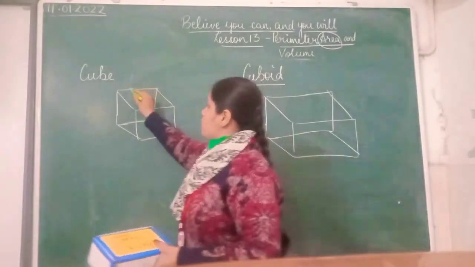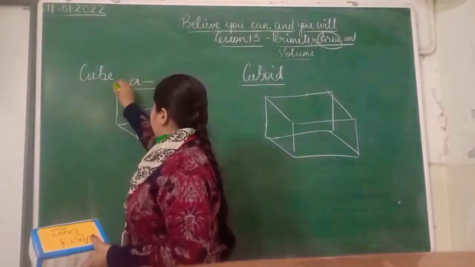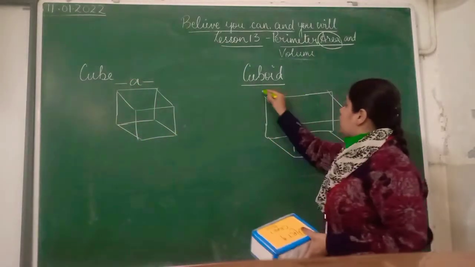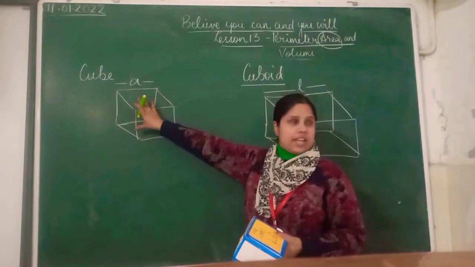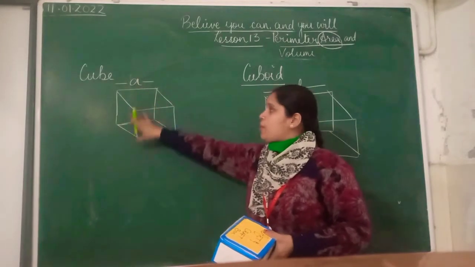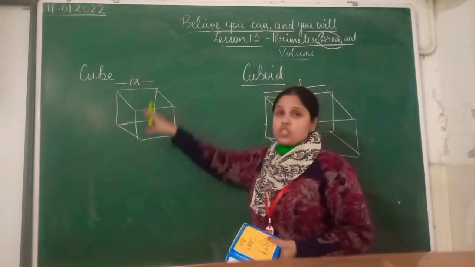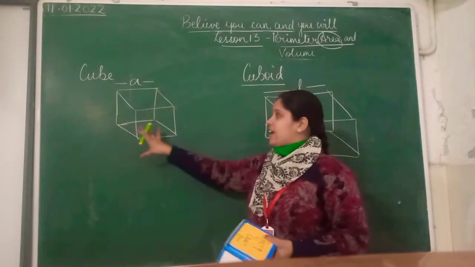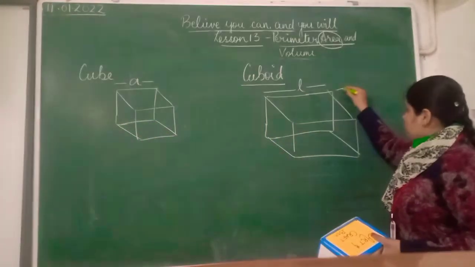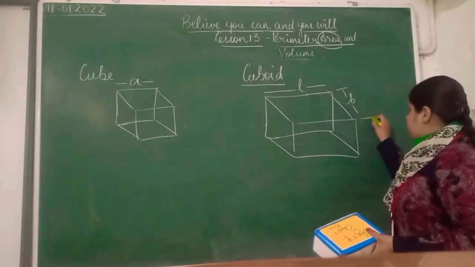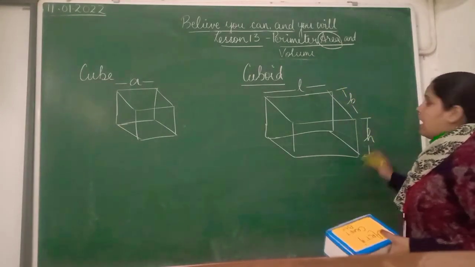So here the side of the cube is A, for example, and here it is L, because in square all sides were equal. And when we talk about cube, again it is formed by squares, all the sides in cube are equal, and here it is length, breadth and height.